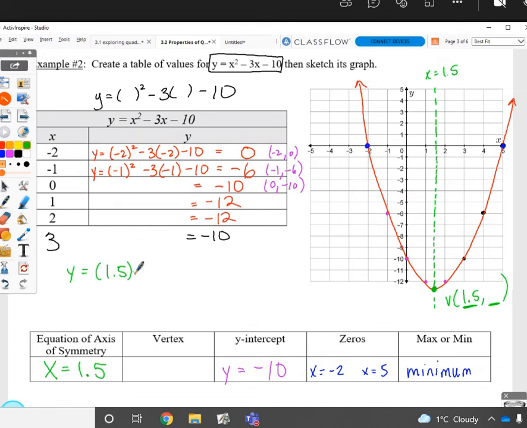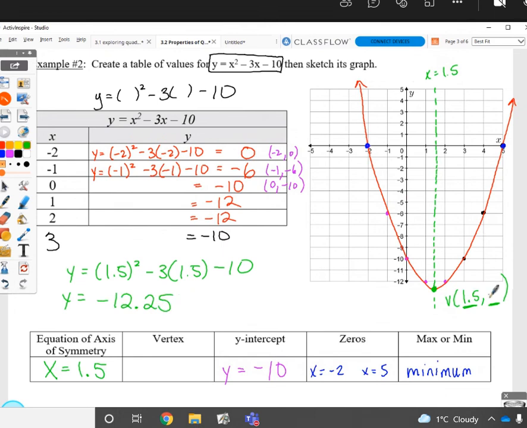So we're going to say y equals 1.5 squared minus 3 times 1.5 minus 10, and it's negative 12.25. That's what it is, which is a nasty one.